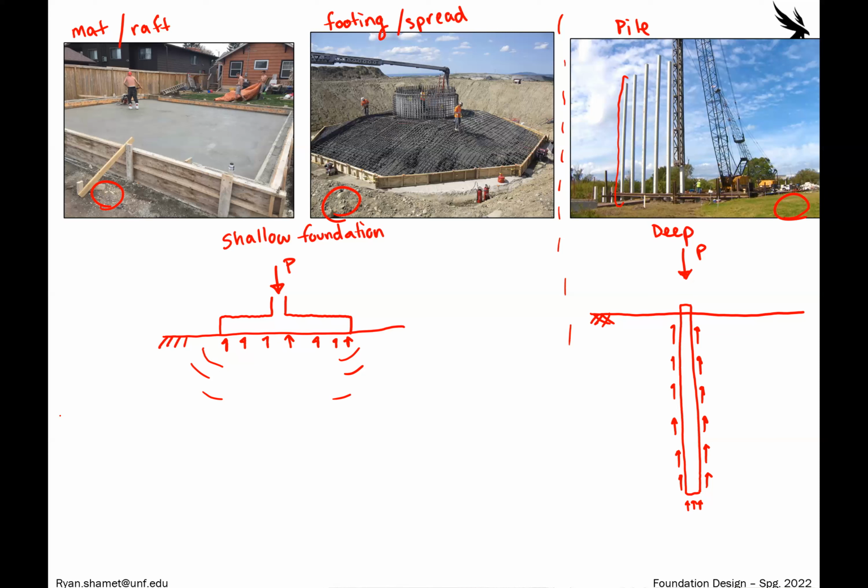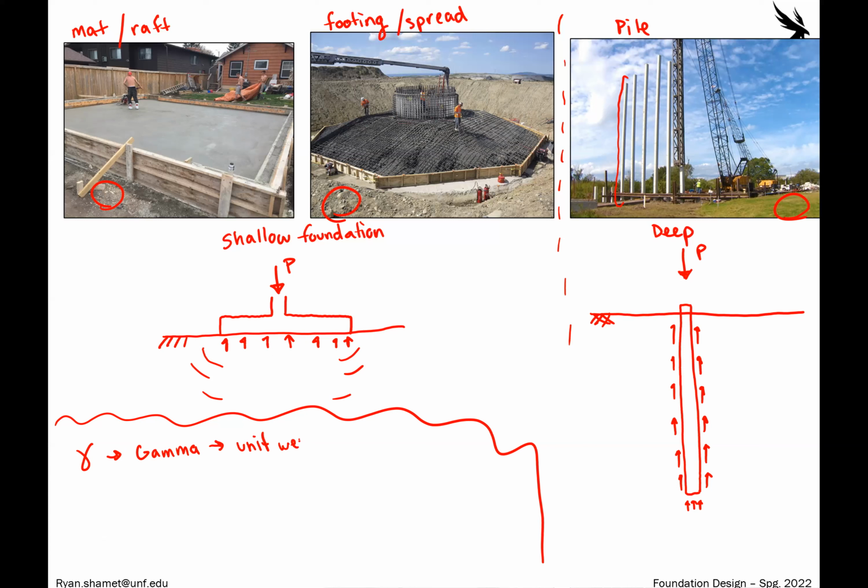And the main thing that we need to remember from Geotech 1, the main property, is the density of our soil. So density is shown by the unit weight, or gamma. This is our Greek letter gamma, and it represents the unit weight of our soil.